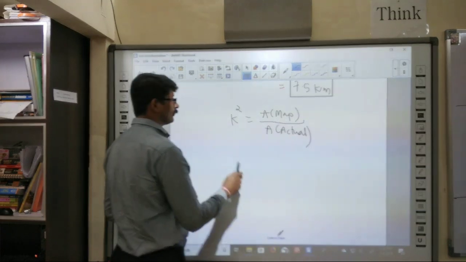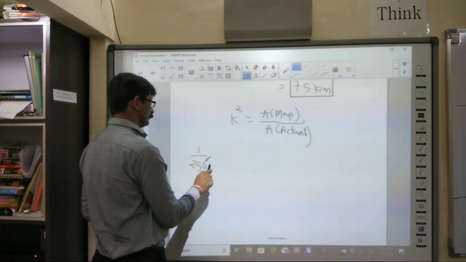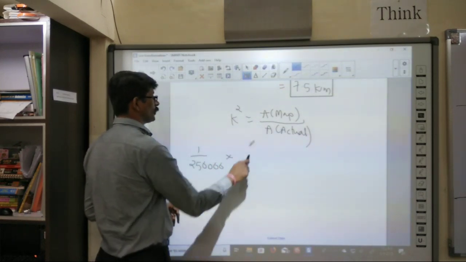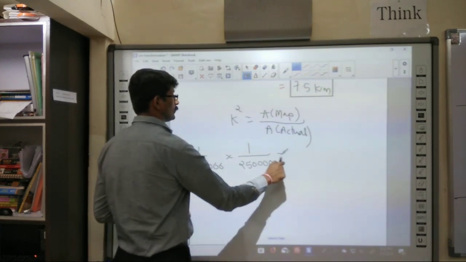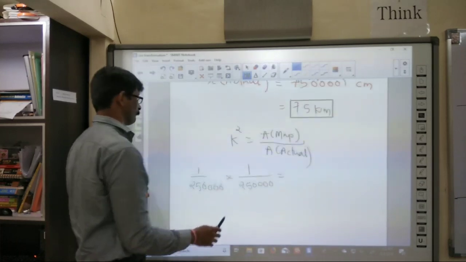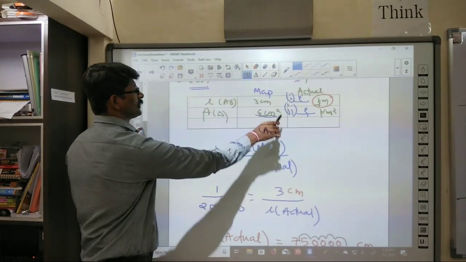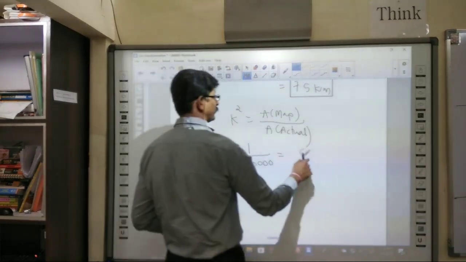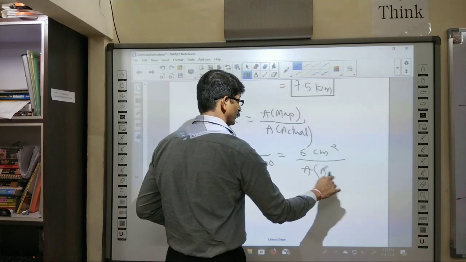So 1 upon 250,000 into 1 upon 250,000 is equal to the area on the map, which we calculated as 6 centimeters square, upon area actual.